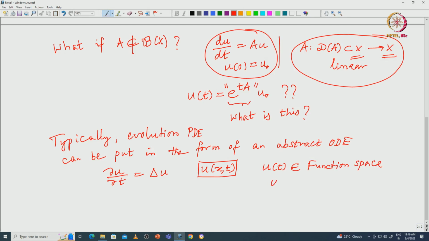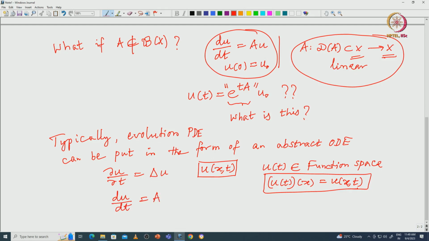Again this is a temporary notation. So, for each fixed t, we consider u of t as a function, not just a value, because it also varies with x.